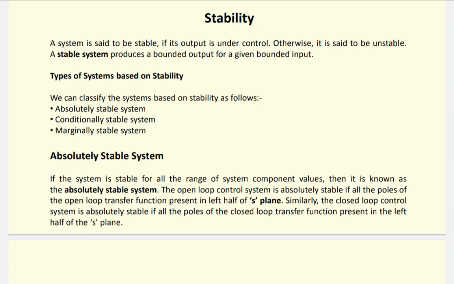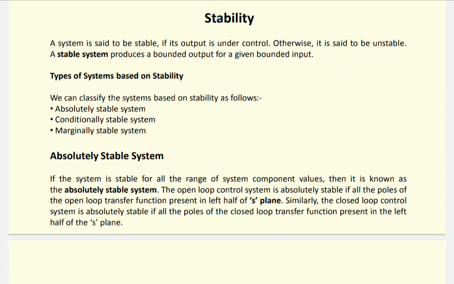The S plane is sigma plus j omega, where sigma is along the x axis and j omega is along the y axis. Similarly, the closed loop control system is absolutely stable if all the poles of the closed loop transfer function are present in the left half of the S plane.